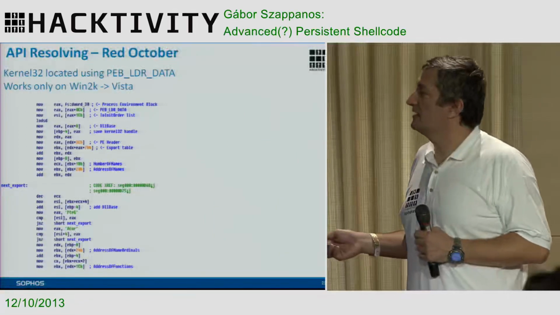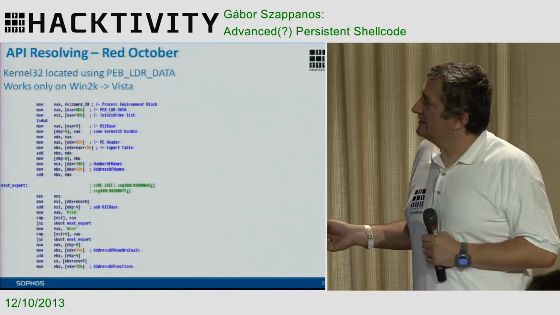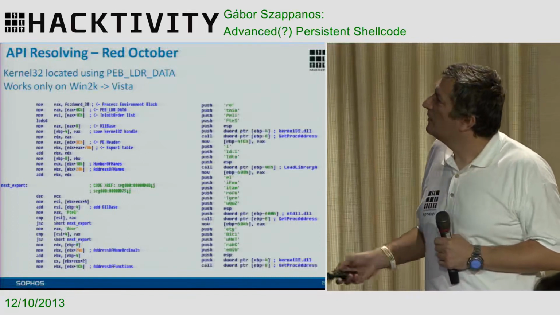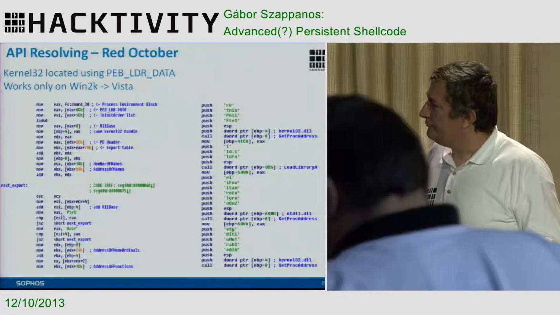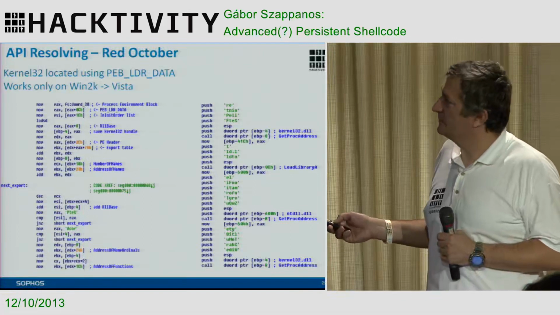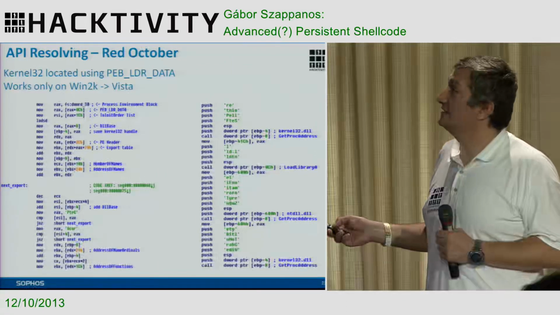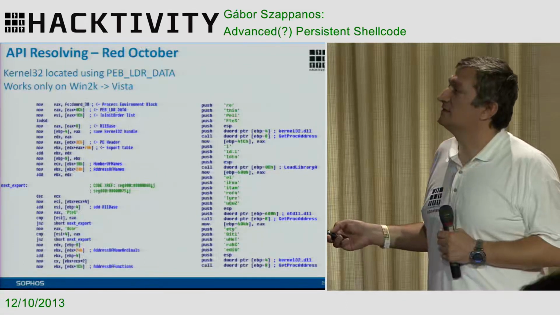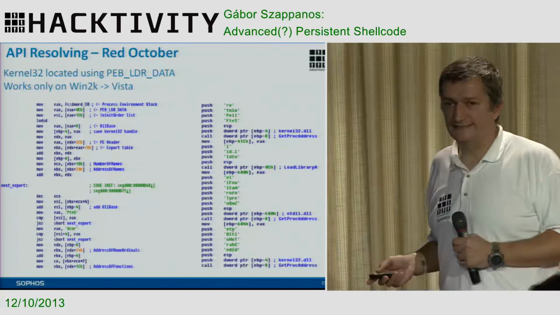In this case, the kernel address is located using, yes, the process environment block, then the loader data and the init order list. And with this loader data, it will skip to the second element of the list.